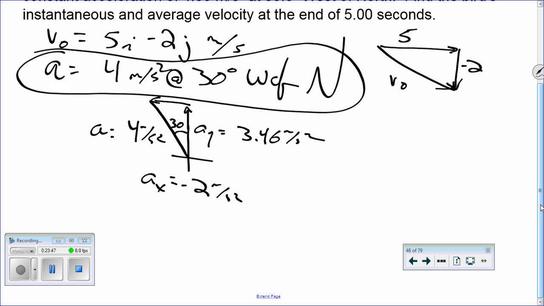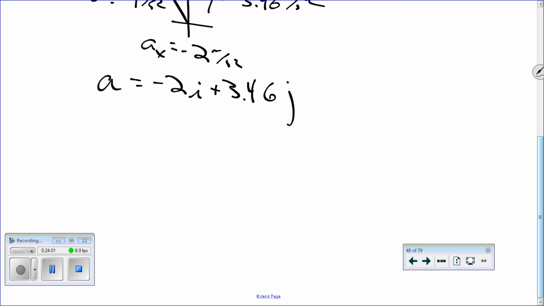All right. So here's my acceleration. It is -2i plus 3.46j. The question wants to know the velocity at the end of 5 seconds, right? So check it out. v_f equals v_i plus a t.